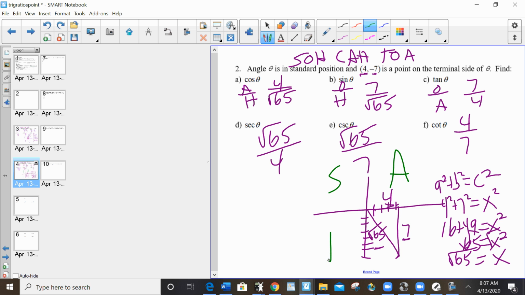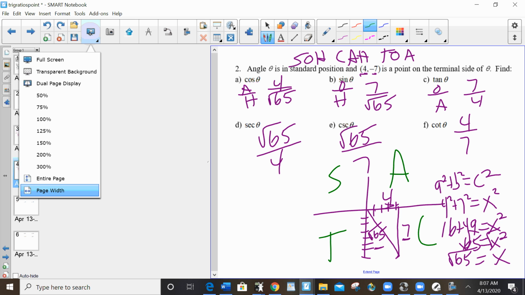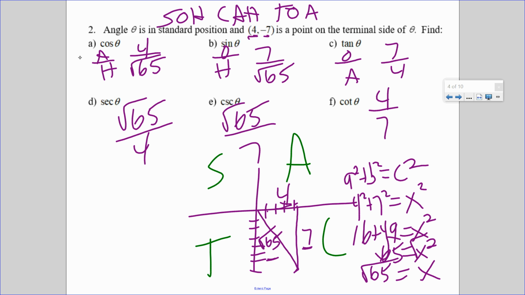All students take calculus. So let's just talk about what that means again. A means in this quadrant, they're all positive. It means that sine is positive, cosine is positive, tan is positive. S means that only sine is positive. So sine is positive, and the others are negative.